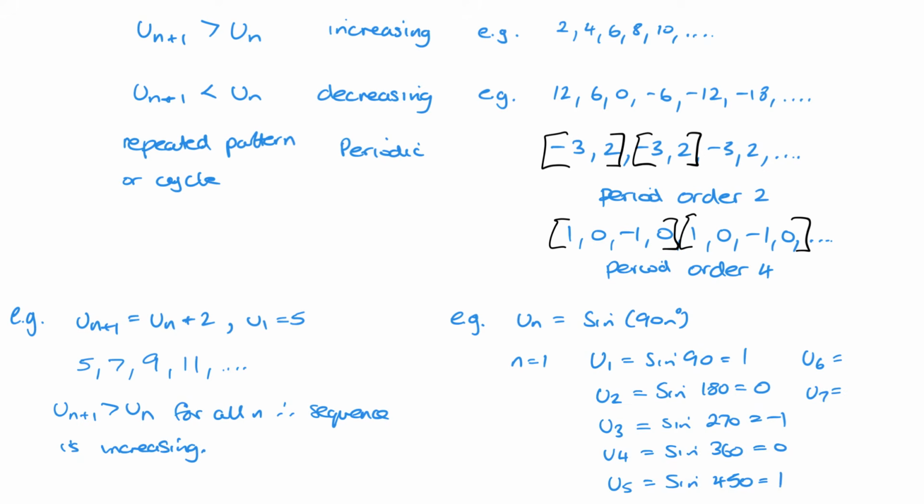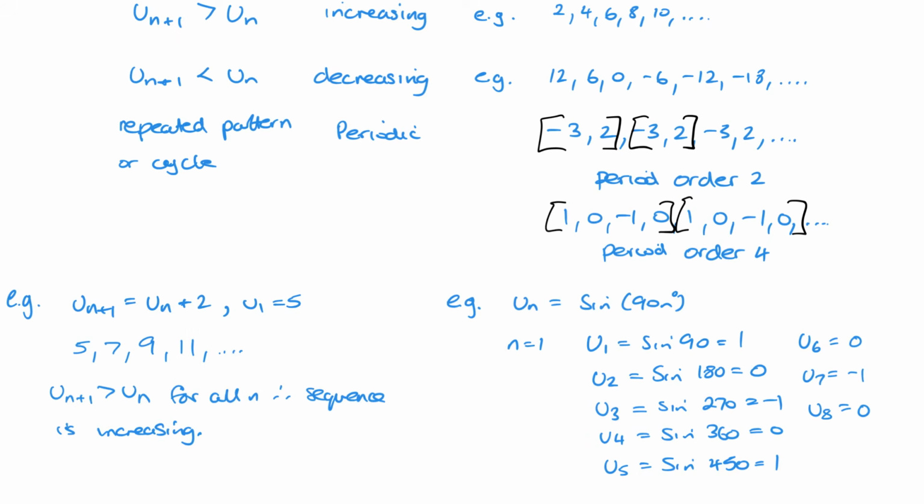So I know u6 would be 0, u7 would be minus 1, u8 would be 0, and so on. I can keep on going here. So this one we could then say is periodic and has order 4. I'll squeeze it in at the bottom of the video: periodic with order 4.